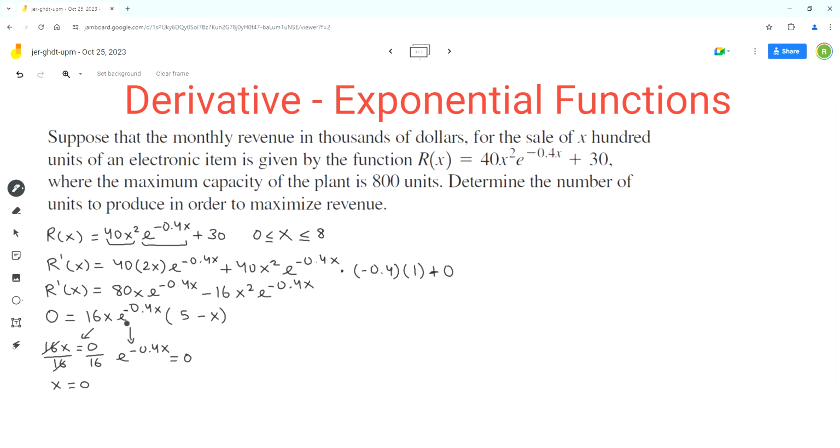Now there is no x value that will make this e term equal to 0. So we get no solution from this case.